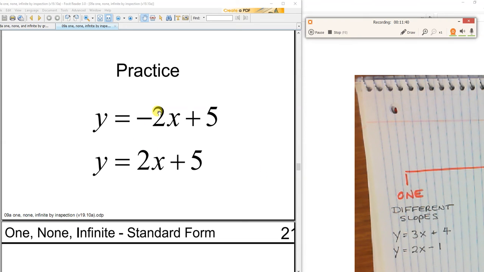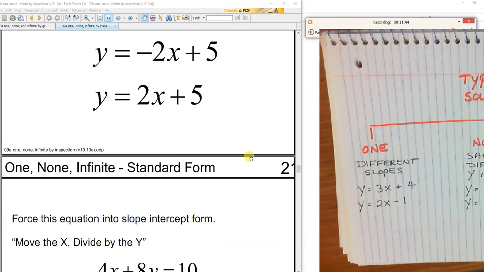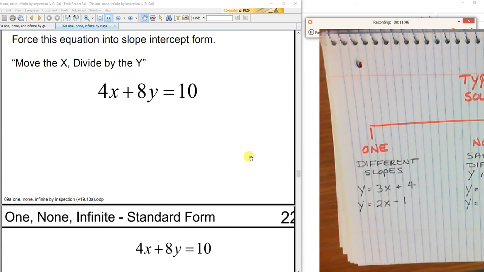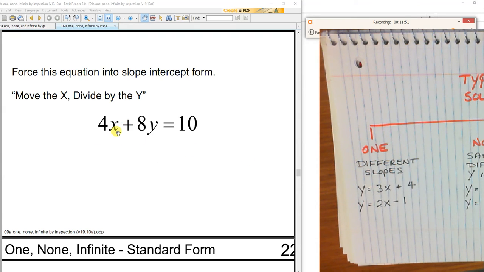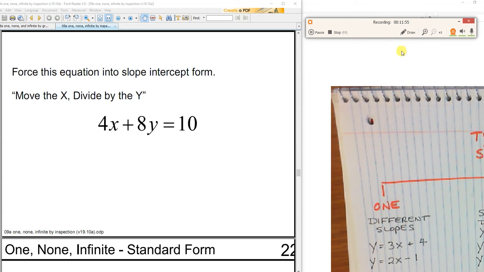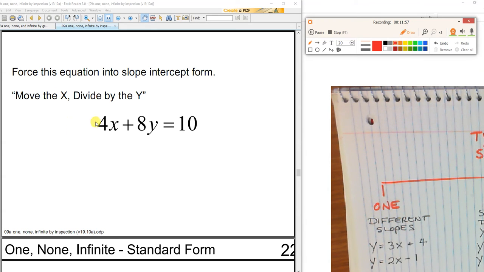What's going on here? Different slopes, one solution. Uh-oh. Remember, if I get something like this, I have to do a move the x, divide by the y before I get crazy with it. Move the x. Divide by the y.